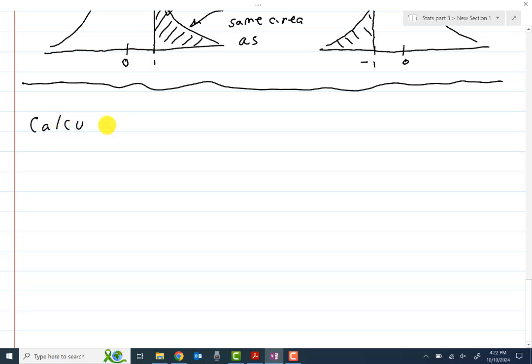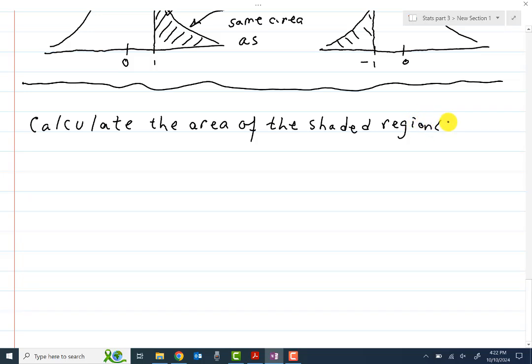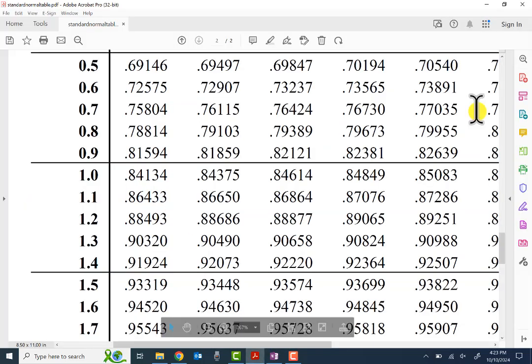So for the next little while, I want to calculate the area of the shaded region. Maybe more than one. Let's start with here, -1.48. And then I'm going off to the left. So I come to my table. I need to go back to the other kind.